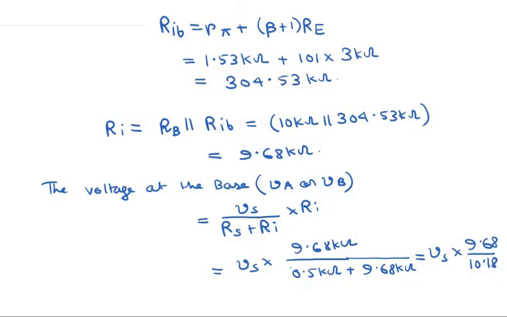Now, if we want to calculate V pi, so if we want to calculate the collector current, remember that the collector current IC is basically given by Gm V pi. So we have to find out what V pi basically is. V pi is equal to VA or VB, because VA and VB are basically the same.